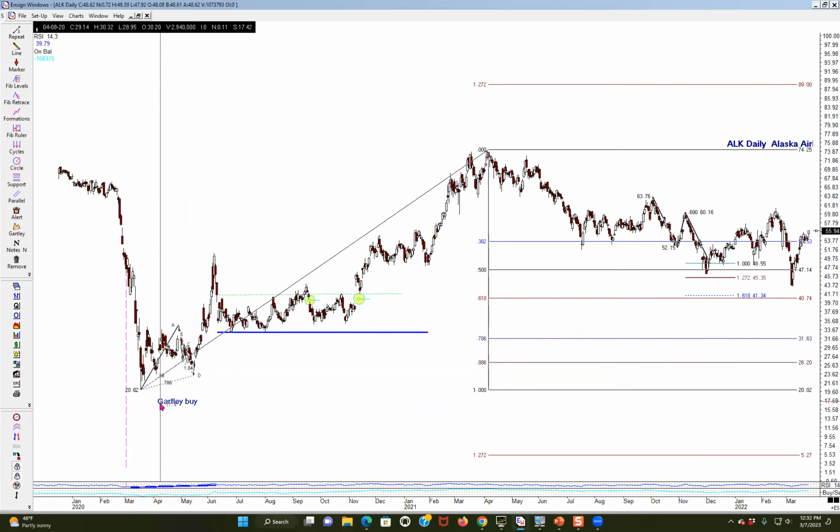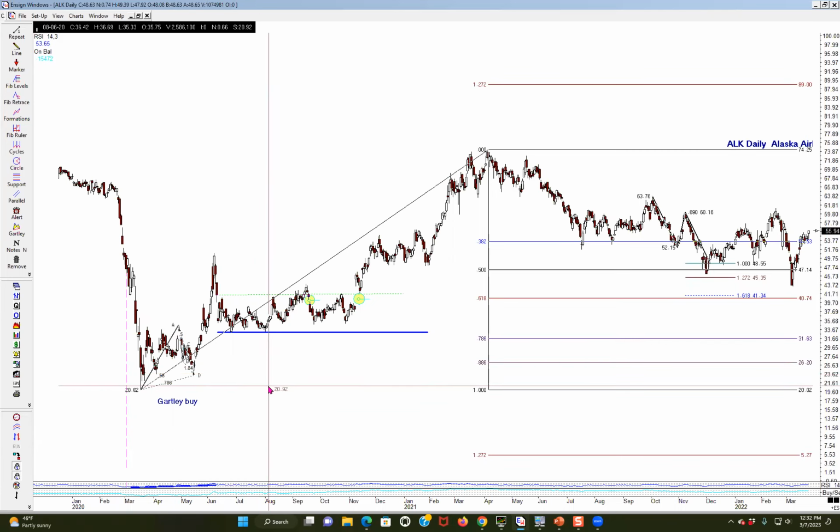These legs, AB and CD, are about equal, and that's contained within this previous swing. So that is labeled a Gartley buy, not just an ABCD. And a Gartley buy pattern is a retest of a recent low. A Gartley sell pattern classically will be a retest of a recent high.